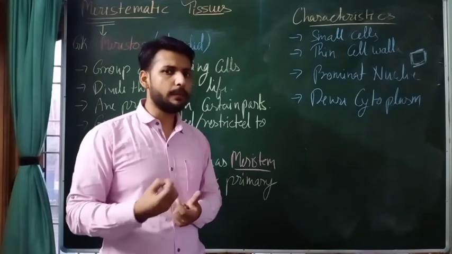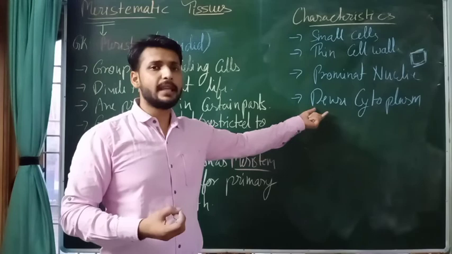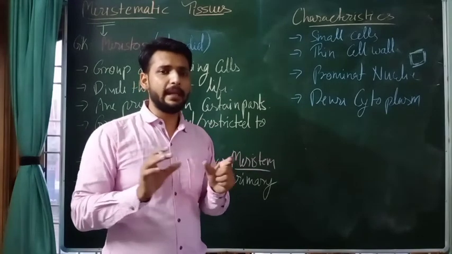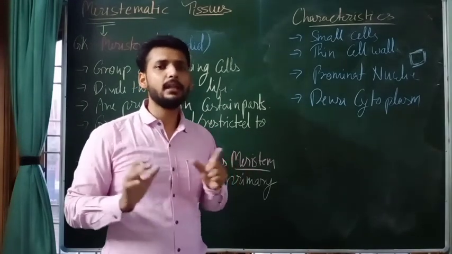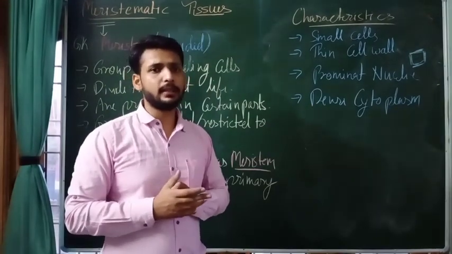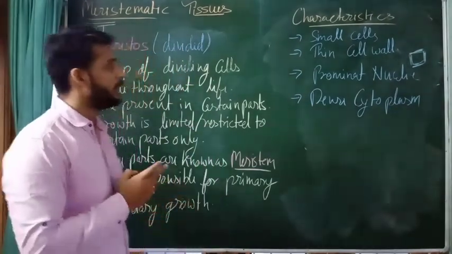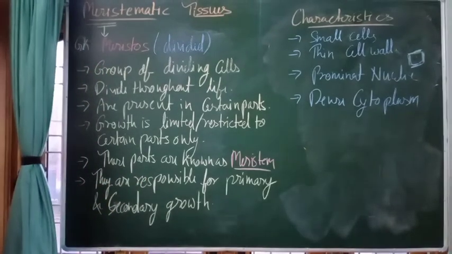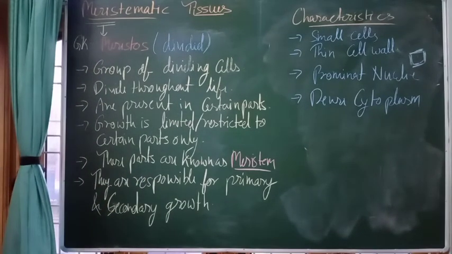No, it would not be easier. So dense cytoplasm can be handled easily when we divide the cells. So again it is one of the characteristics of the meristematic tissue that we have dense cytoplasm, right? Here the shape of cells can be oval or spherical, as I told you earlier.